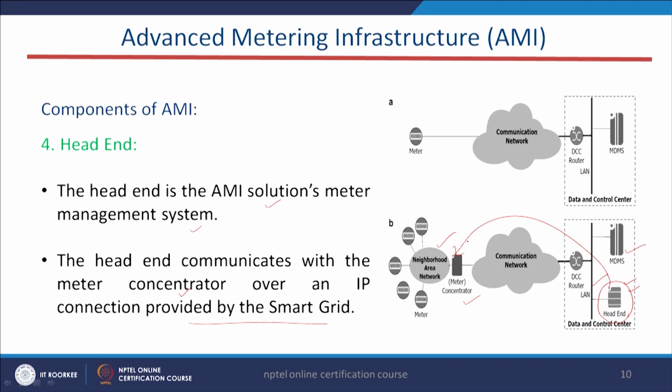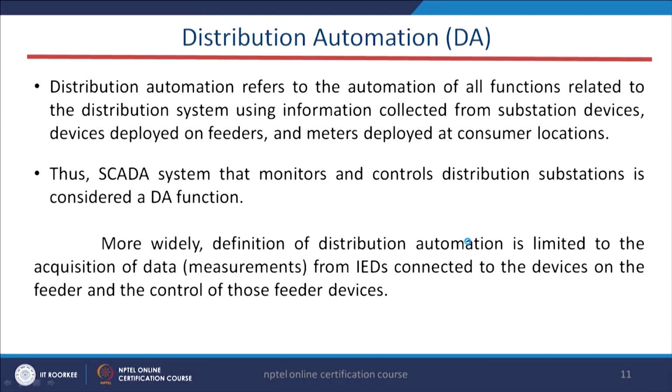Now, we will come to the second technology, where also we will talk about some components of the smart grid system, that is our distribution automation system. As all of you know, the name itself suggests it is basically an automation system.